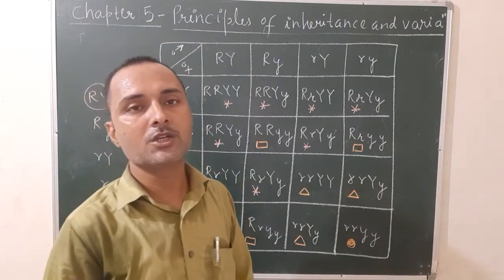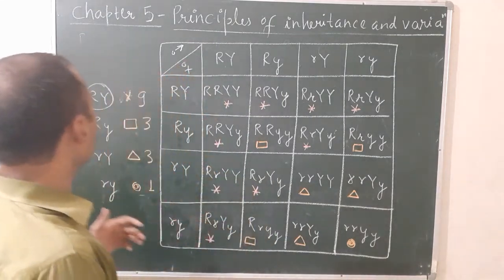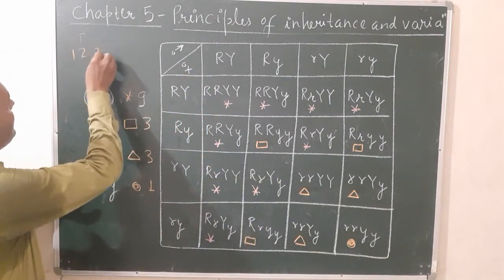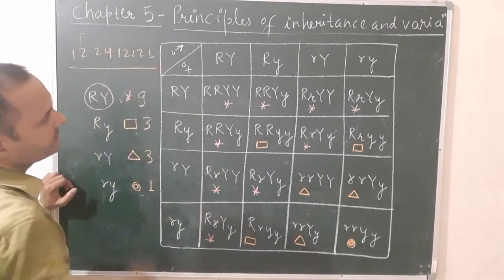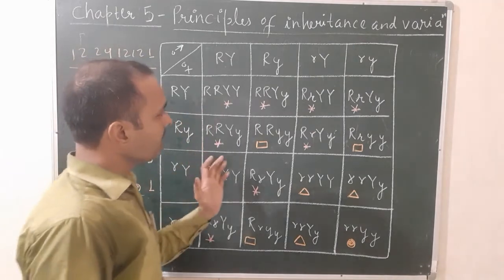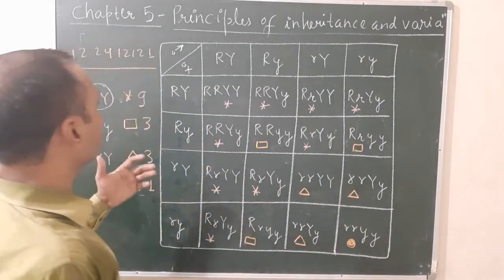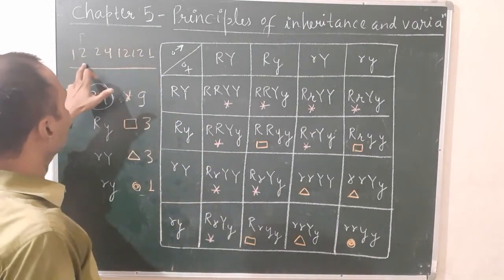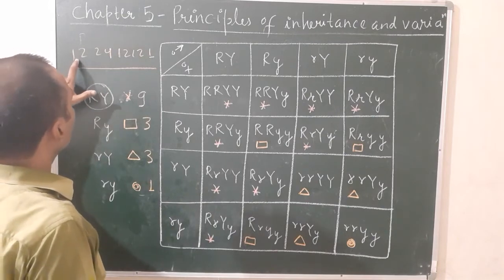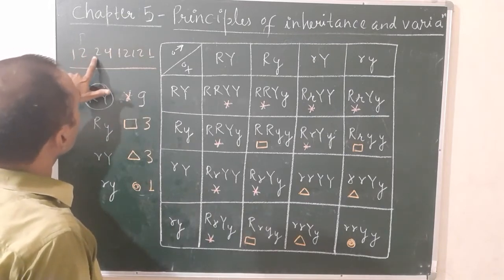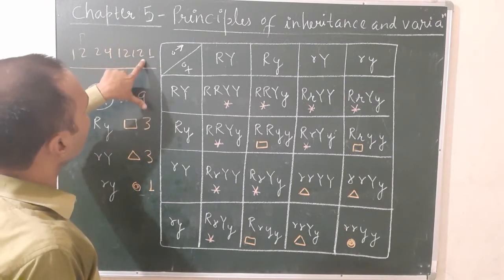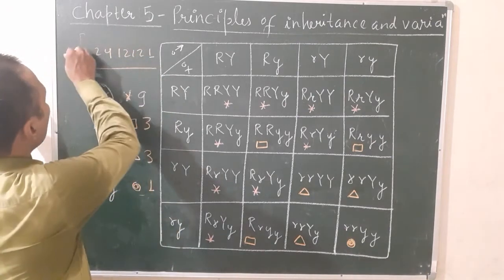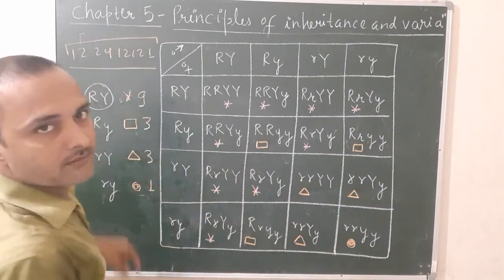How is it 1, 2, 2, 4, 1, 2, 1, 2, 1? Again I will draw the same, and we can easily find out this ratio. The genotypic ratio will be 1:2:2:4:1:2:1:2:1, where the total will add up to 16.